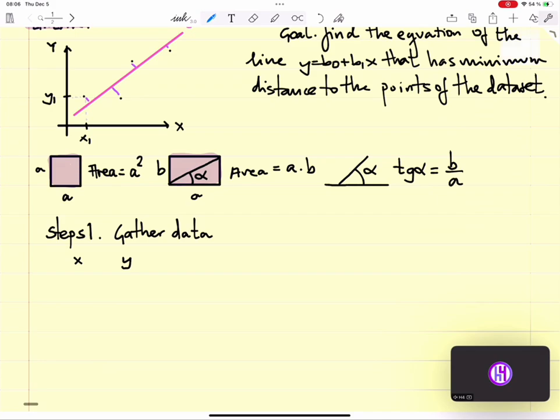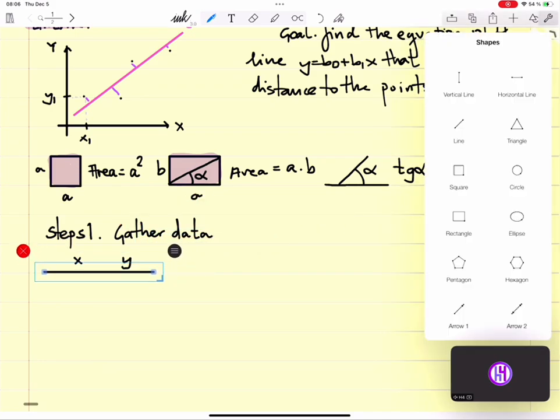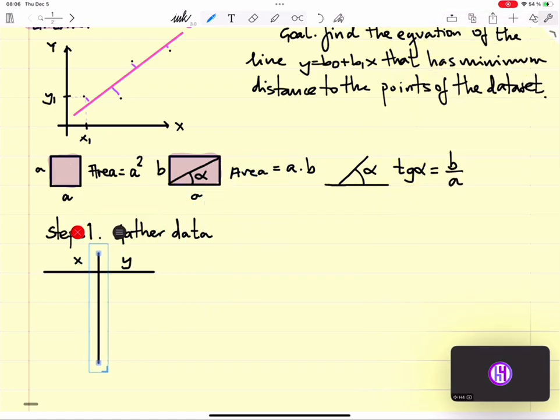I like it pretty, so let's make it pretty. So I give you 4 points with their coordinates. For some reason it's not working.